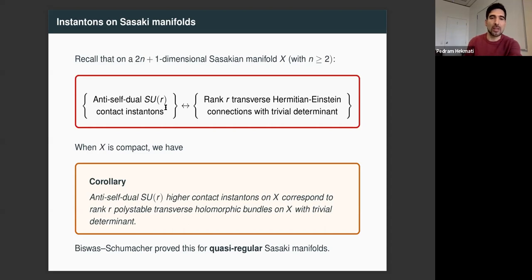This transverse Hitchin-Kobayashi correspondence applied to Sasakian manifolds tells you that these high dimensional instanton moduli spaces, the anti-self-dual ones, correspond exactly to the moduli space of polystable transverse holomorphic bundles. And an instance of this result was actually shown earlier by Biswas and Schumacher under the condition that the Sasakian foliation is quasi-regular. All right, I think I'm out of time, so I'll stop here.